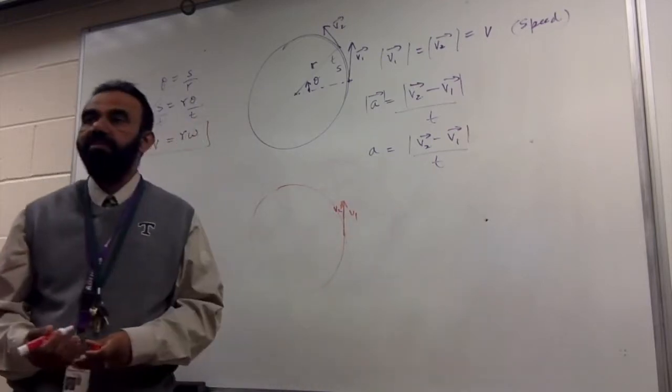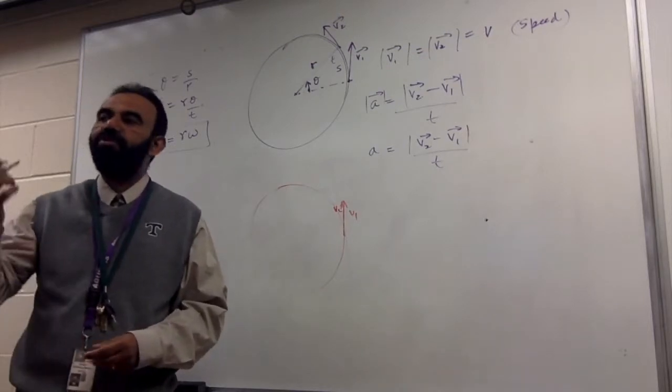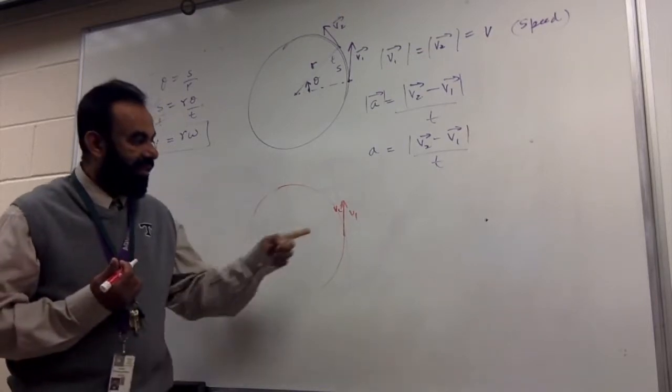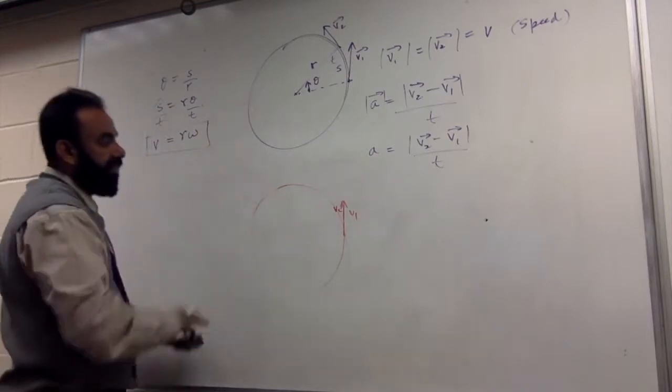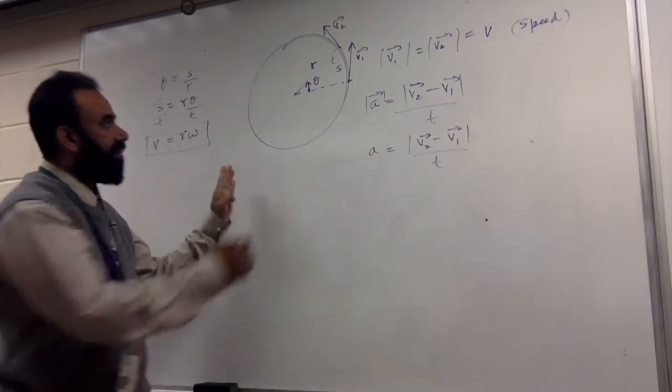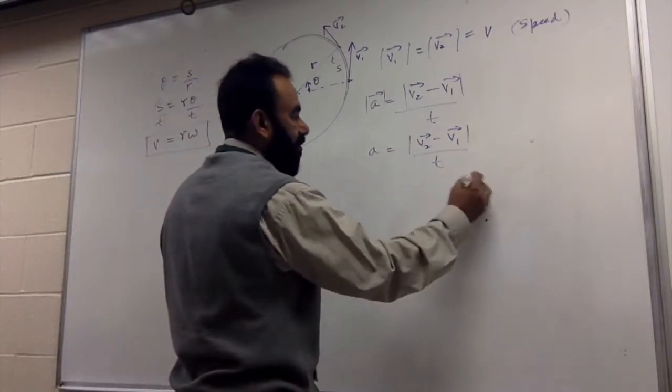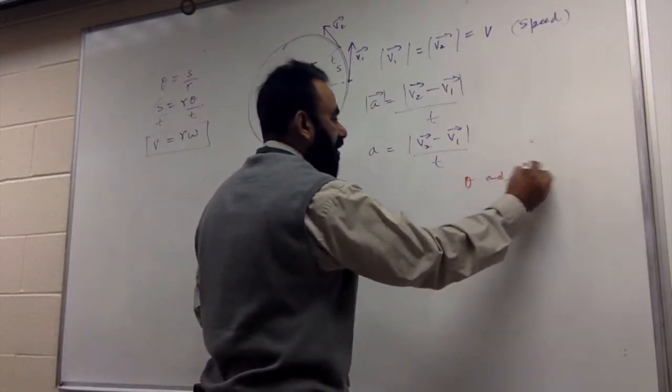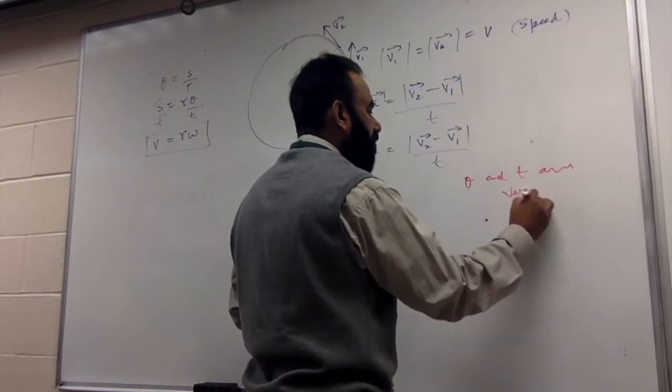You can't even see that angle because it's supposed to be so small. And just to make it clear for you, I'm drawing a diagram that's big enough. So understand that theta is supposed to be very small. So theta and t are very small.